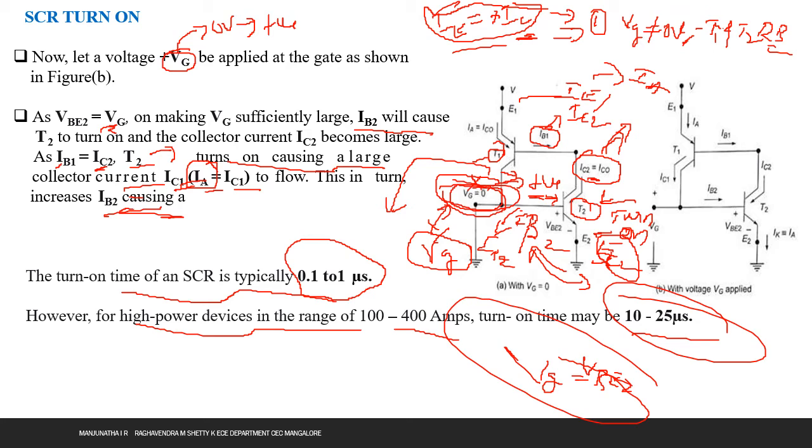It is very simple to understand. When we give a gate voltage of 0 volts, it is not going to turn on, so it retains the turn off condition. And when we set a gate voltage VG more than 0 volts, or a threshold voltage, T2 becomes forward biased, and T1 also becomes forward biased. Because transistors T2 and T1 have become forward biased, T1 and T2 are turned on.